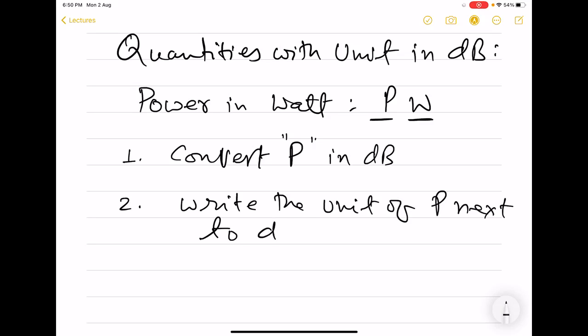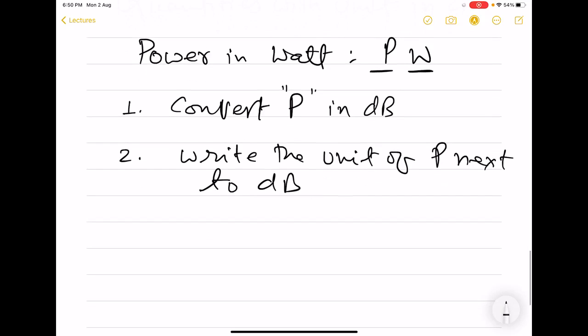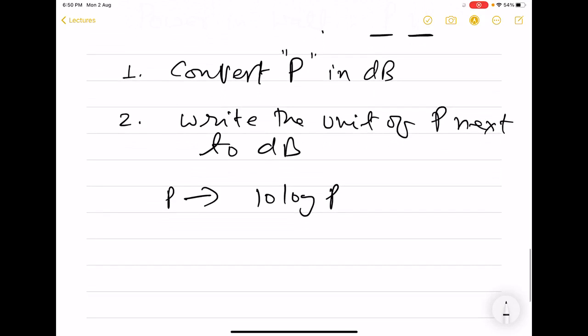Next to dB. So P gets converted to 10 log P. Now this is in dB, but this is valid when P is having no unit. But since we have P watt of power, what we do is we write W next to it.